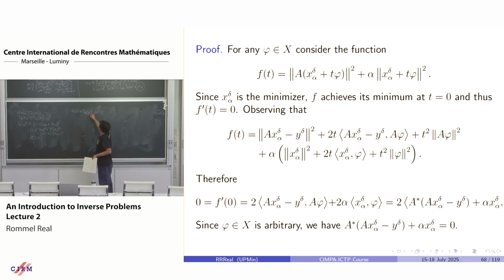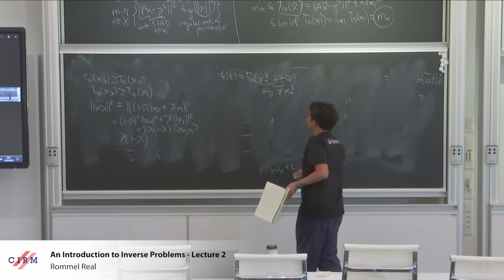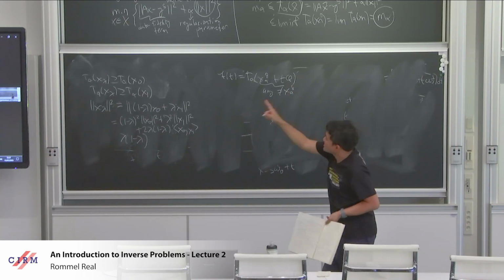So think of this one as any point not equal to the regularized solution. So that means any point not equal to x sub alpha delta. And then we parameterize it there.